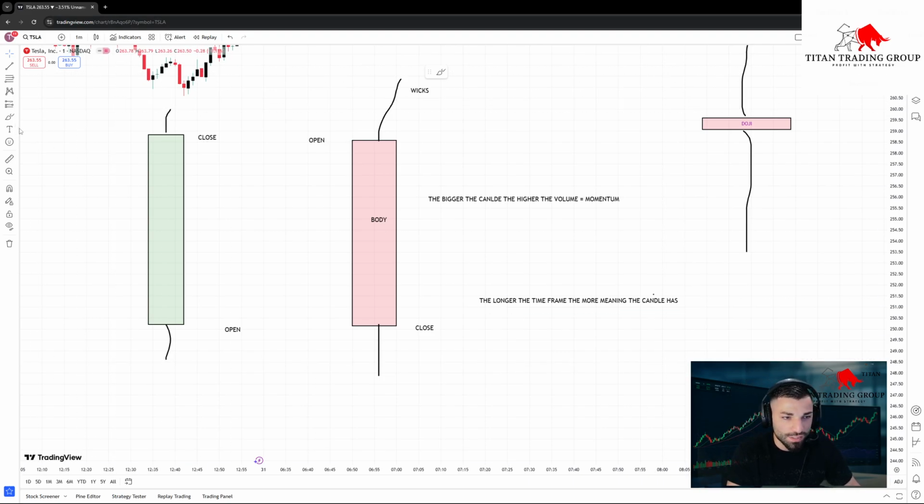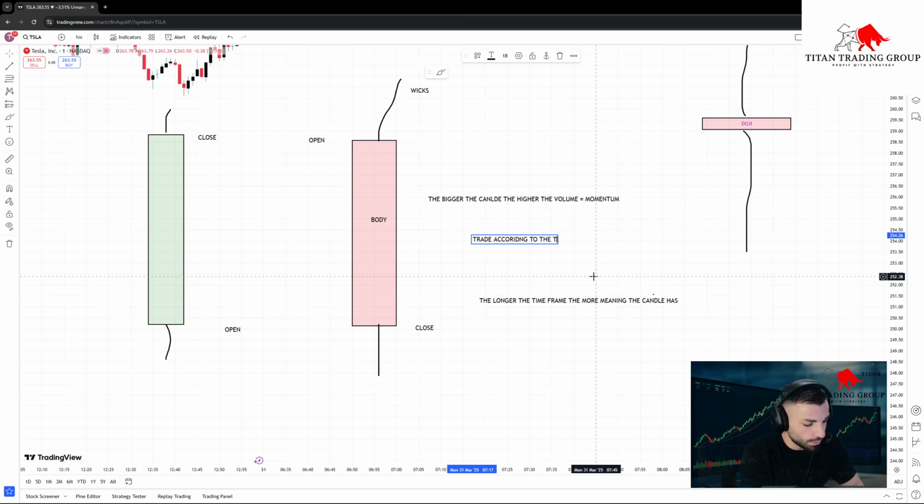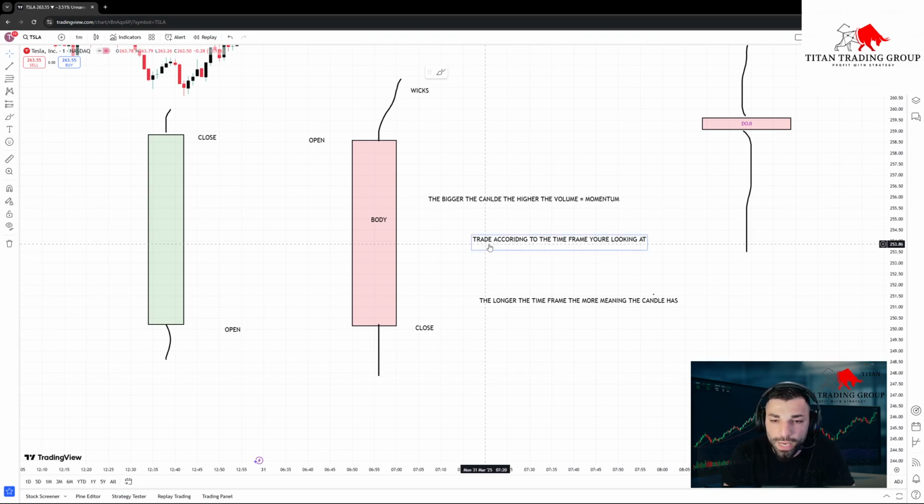Okay, another text right here so you guys can know. Trade according to the time frame you are looking at.